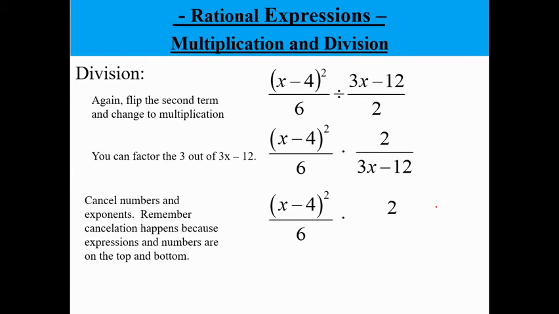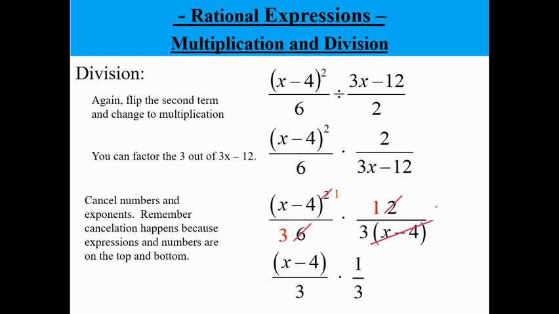Okay, and this allows you to see that we will be able to get rid of the x minus 4, definitely in the denominator, but in the numerator we're still going to have 1 left. And then we also can get rid of the 2, divide that into the 6 for 3. Okay, and we're going to get x minus 4 over 3 times 1/3.